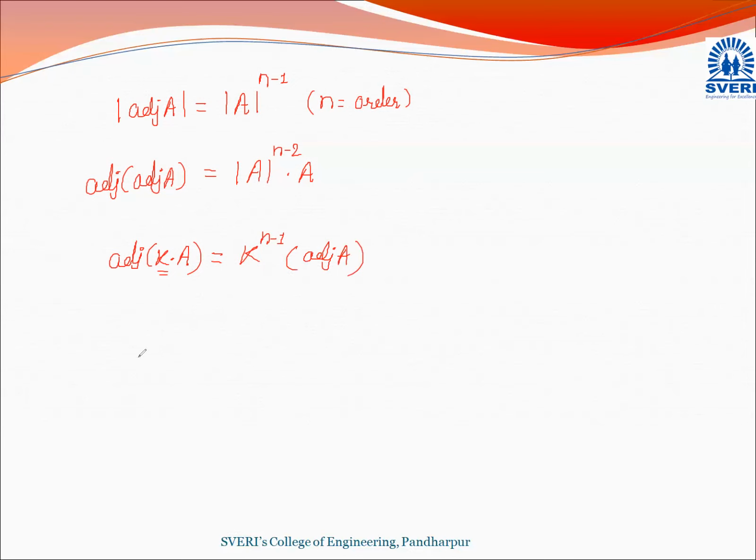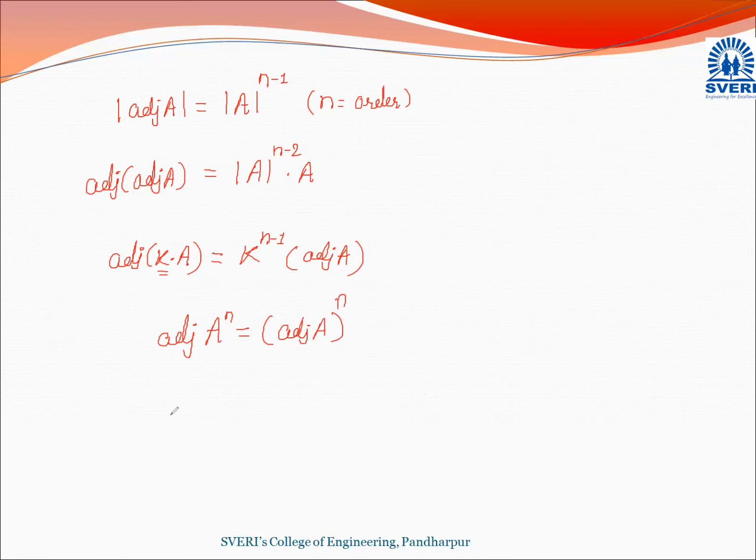The next property, again a shortcut method to solve examples: adjoint of A raised to n is equal to (adjoint of A) raised to n.